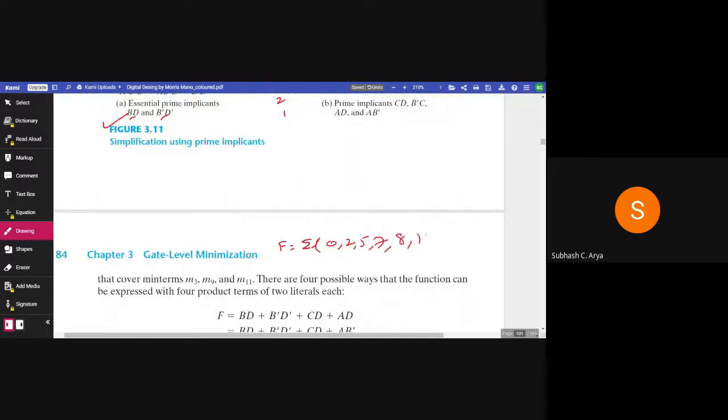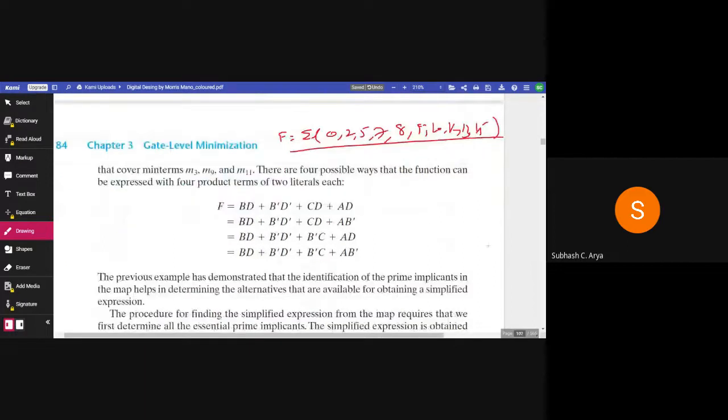For this function, if we implement it, we come to know that there is not a single way of minimizing this Boolean expression.